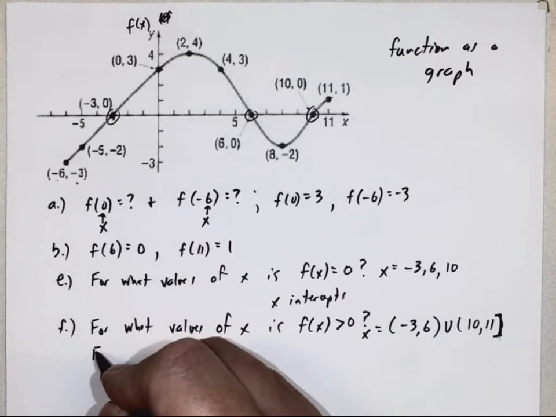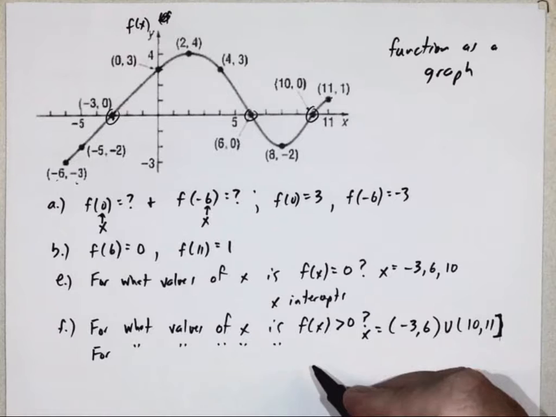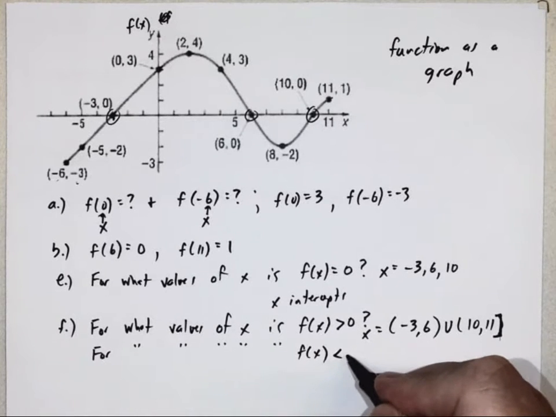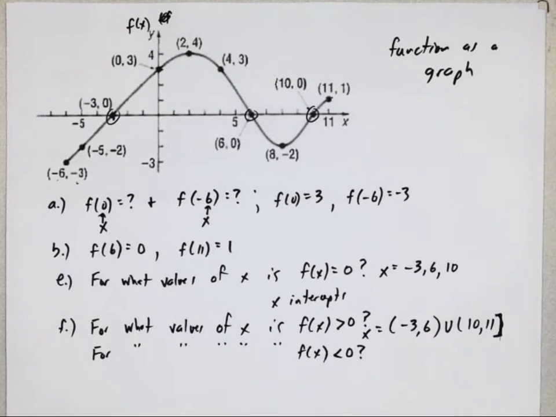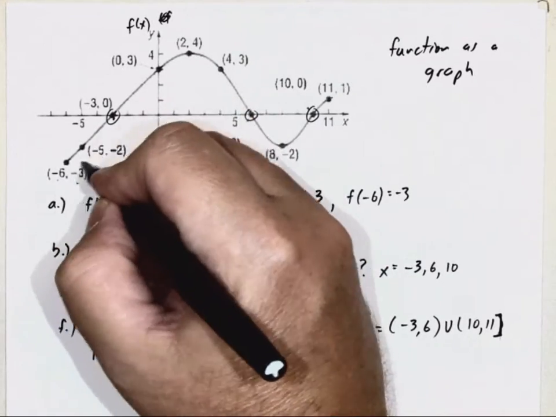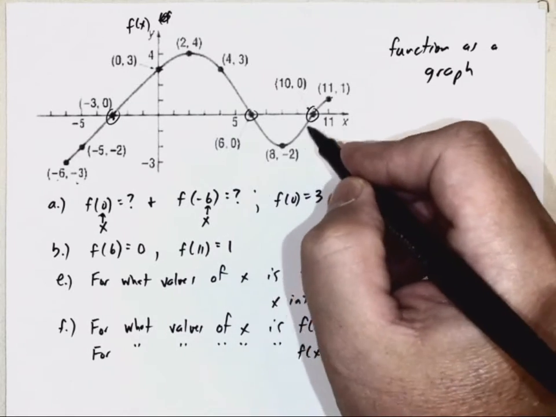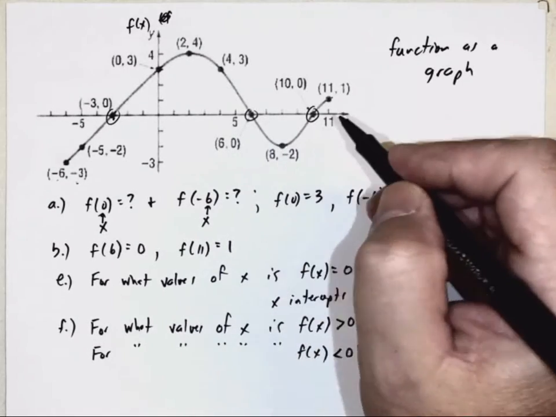What about if I say, same question, for what values of x is f of x less than 0? In other words, go find all the places on this graph where the function is negative. So it looks to me like there are two negative parts of this graph. The starting point over here, it's negative, and then this little downward section here.